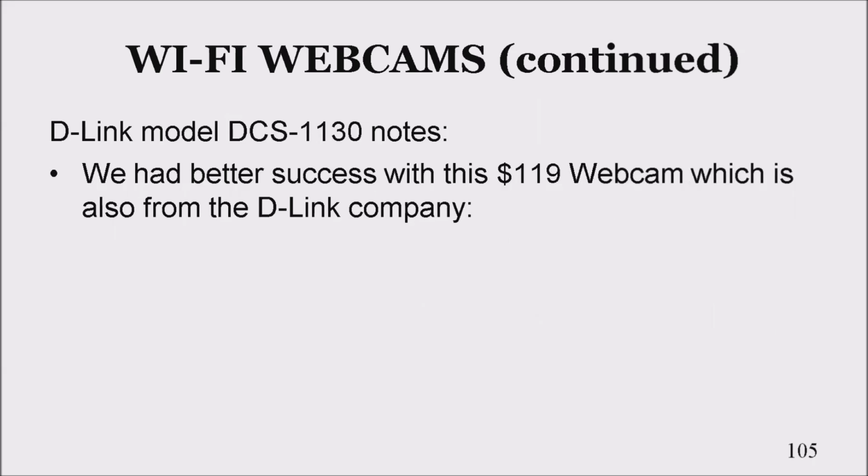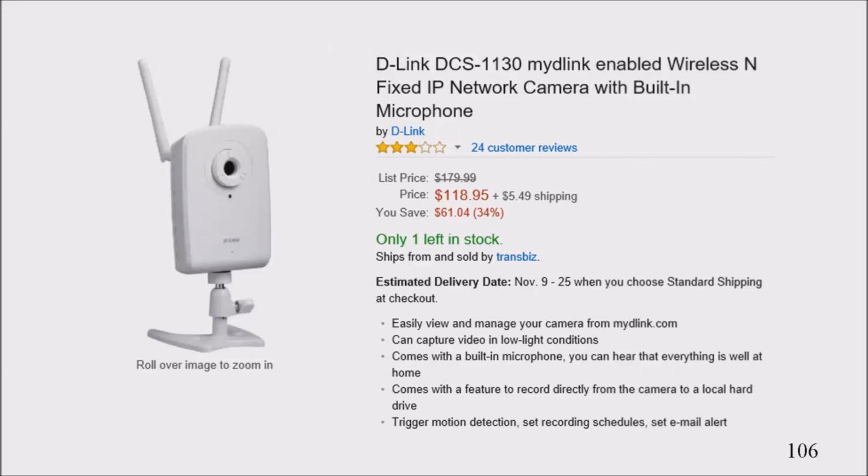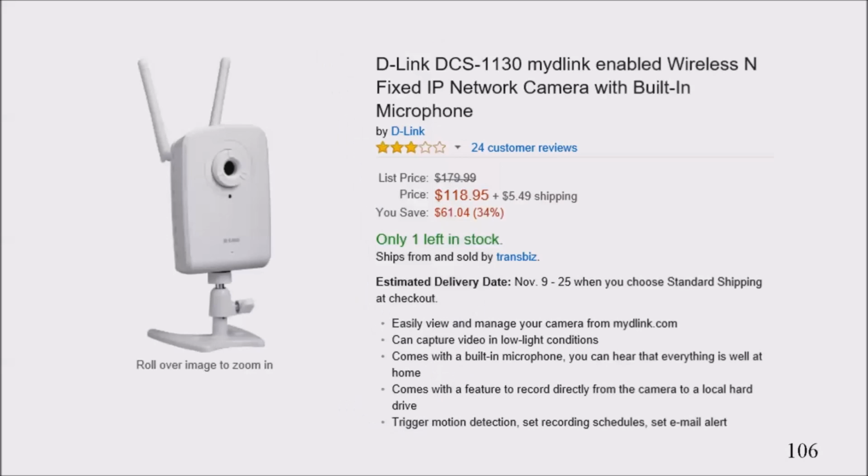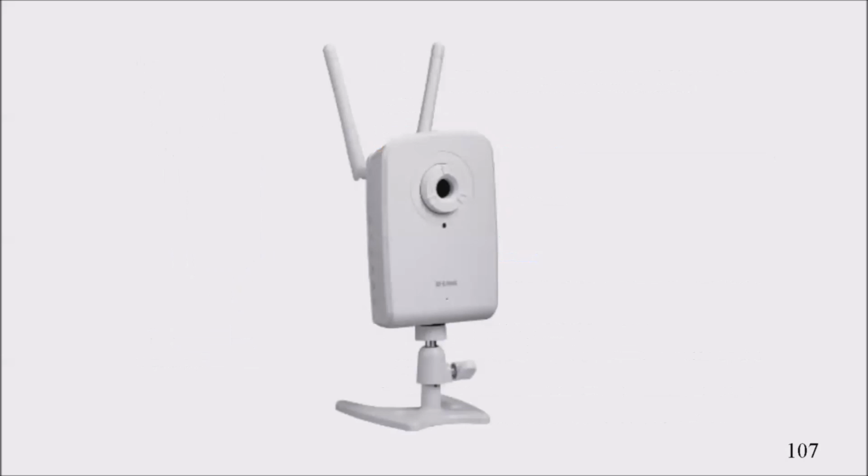Now, I had better success with a more expensive D-Link camera, this $119 job, the DCS-1130. It looks like this. That's also scary looking when people show up in your living room and you show it to them. So it has some good psychological effect, even though it isn't that good a camera. And how much is it? $118.